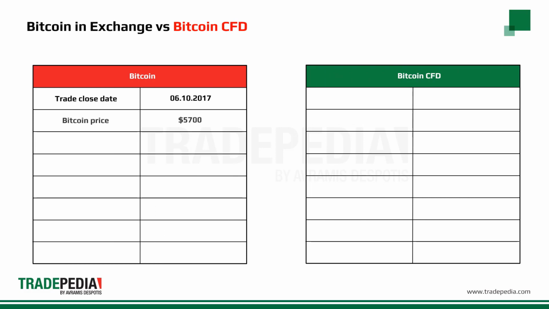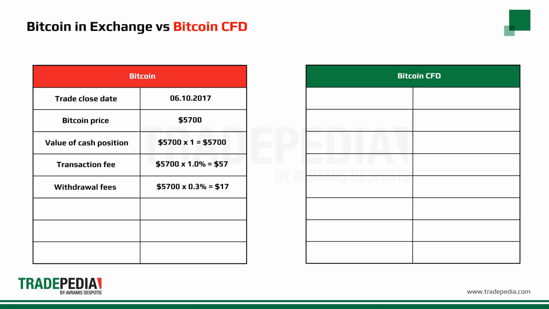Let's see what happens when we close the position after 5 days on the 6th of October. The Bitcoin cash price has gone up to $5,700. The value of our position equals 1 times 5,700 equals $5,700. With a transaction fee of 1%, we would be charged 5,700 times 1%, which equals $57.